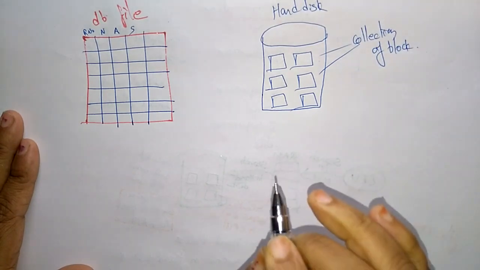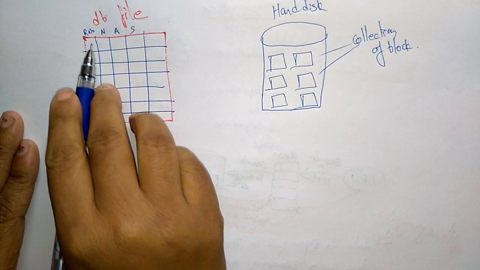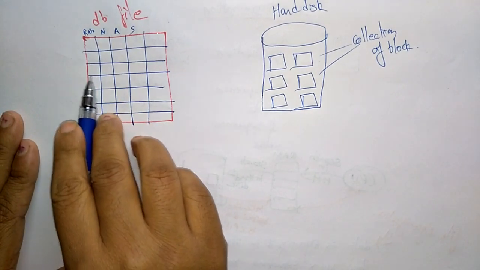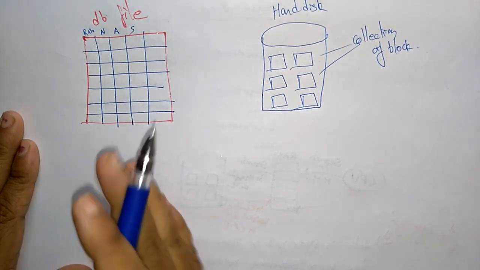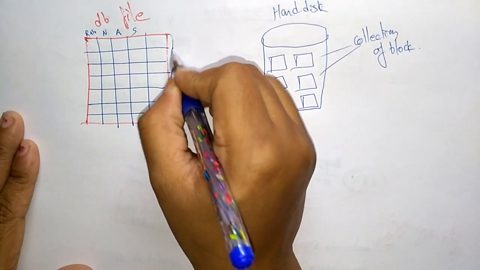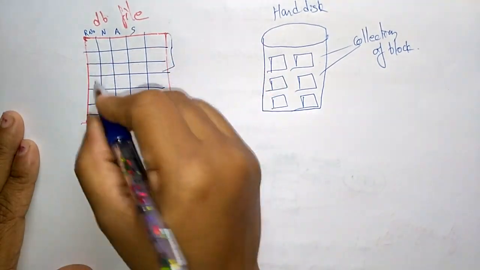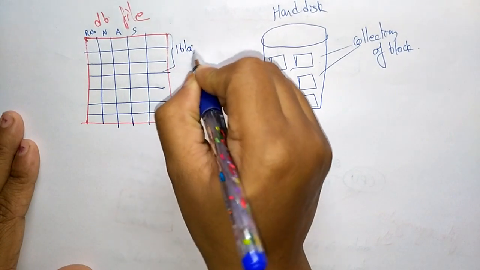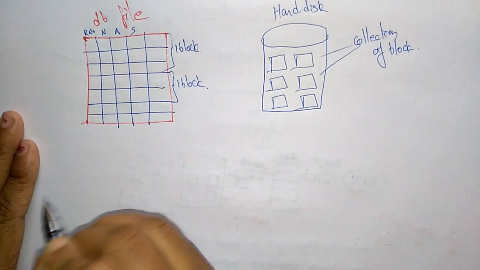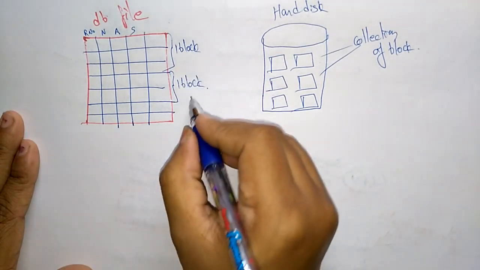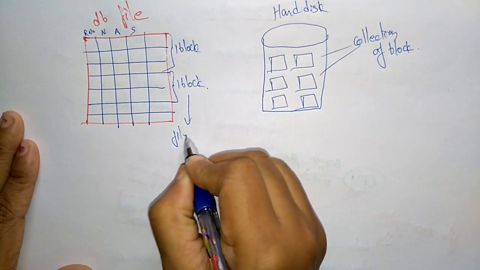The one thing you should note here is that the files can be arranged in the form of blocks. Each block consists of a set of records. Let us say 3 records is one block, another 3 records is another block. These you call file blocks.